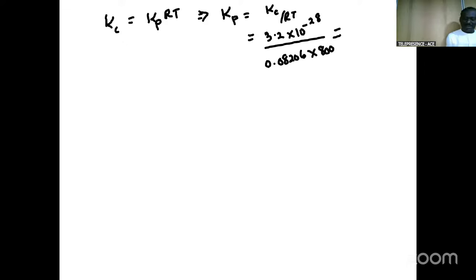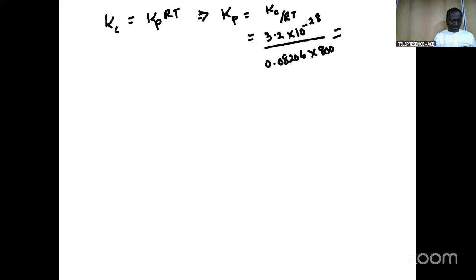Let's solve this together by bringing out our calculator. I didn't give the solution so that we can solve it together, so it could be a real life experience.